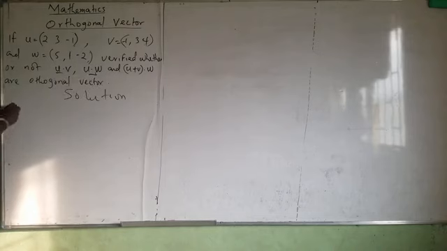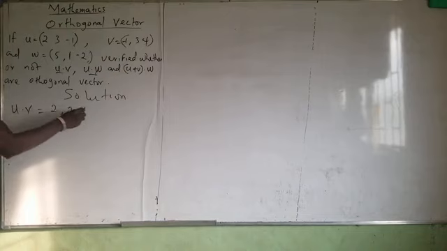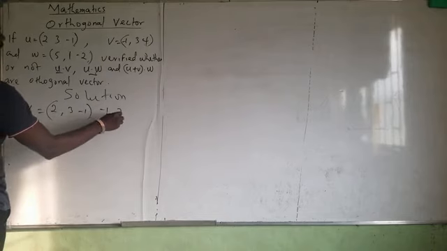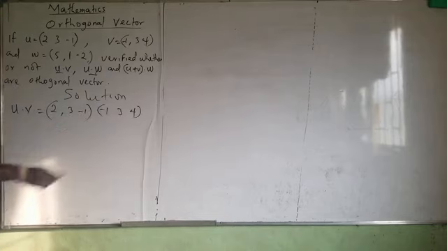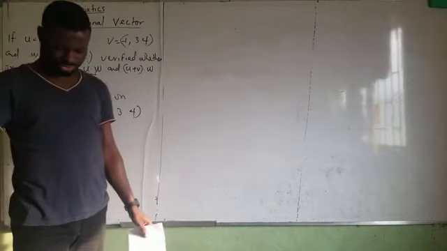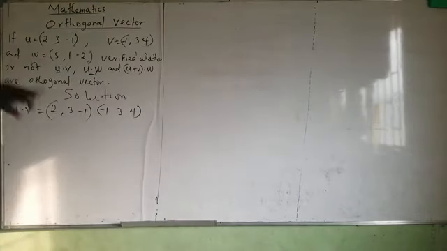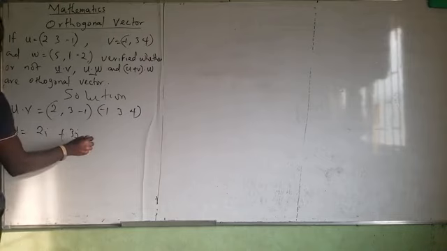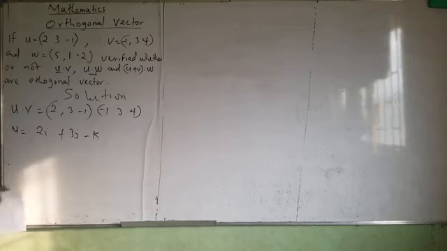For instance, u dot v, where u is 2, 3, minus 1, and v is minus 1, 3, 4. Now, let me relate with what you have learned during your secondary school days or year 1 days. I can easily write my u as 2i plus 3j minus k. That is my u.